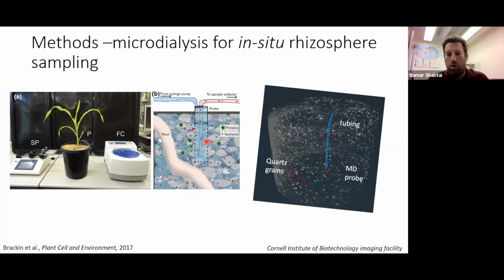And then to try to locate the probe in relation to the roots, we can use micro CT.